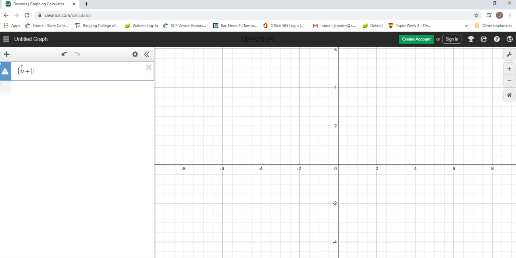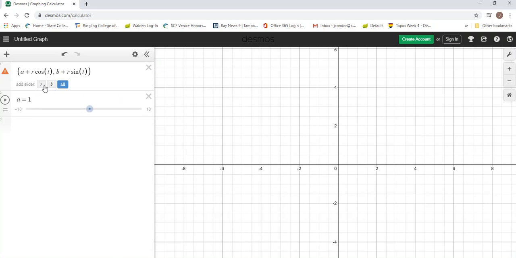A plus r cosine t, comma, b plus r sine of t. There we go. So we really just put in an ordered pair, the x and y like we were doing with a set of ordered pairs, x comma y. And let's go ahead and add the sliders.